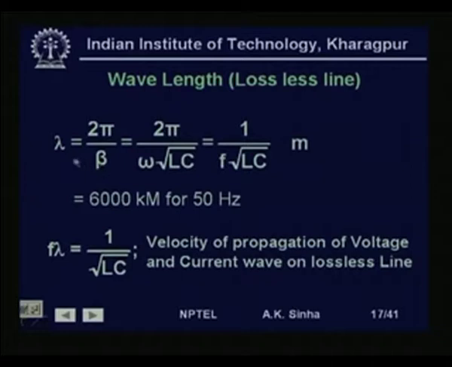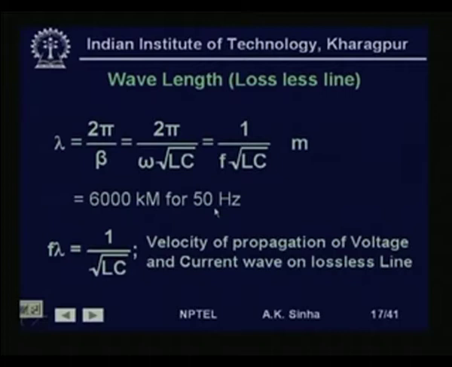Therefore, lambda is equal to 2 pi by omega root LC, where beta is omega root LC, which is equal to 1 by f root LC, because omega is 2 pi f. So the 2 pi will cancel out, and this is 1 by f root LC, which comes out to be about 6000 kilometers for a 50 hertz line.